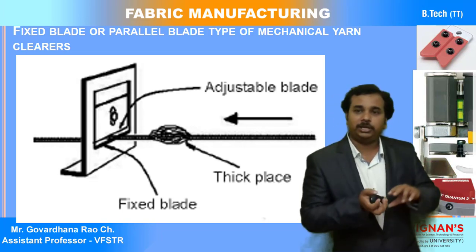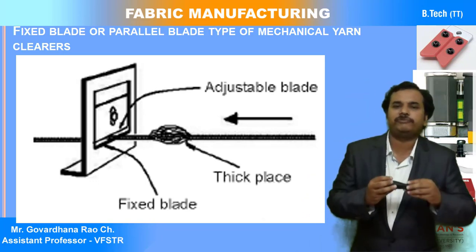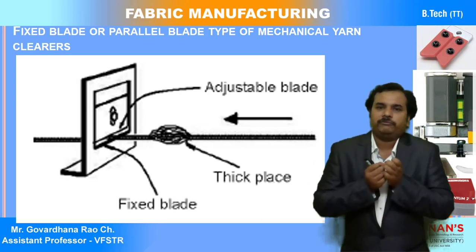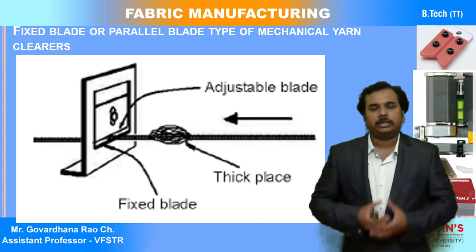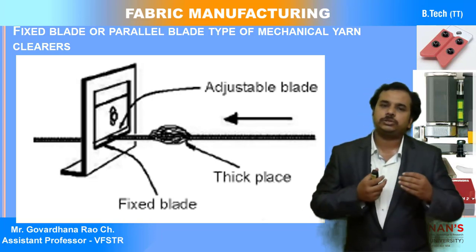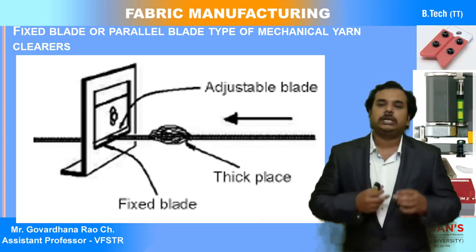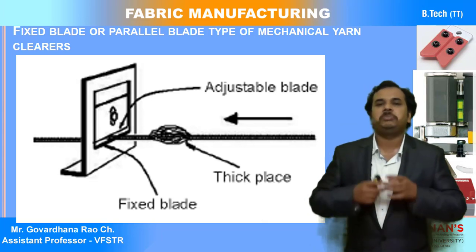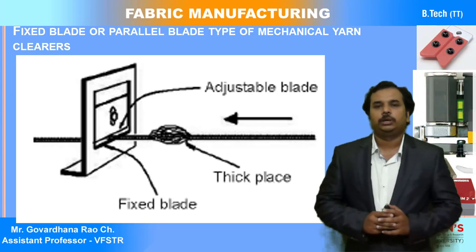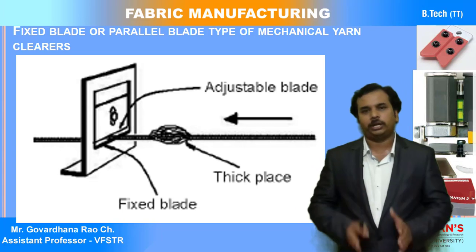After that, you are passing the yarn in between these two blades. For example, if the yarn has more diameter, you can see that the yarn has a thick place, then in between these two blades, the fixed blade and the adjustable blade, this thick place is going to be trapped and restricted from going through. So the yarn is going to break at that particular place.